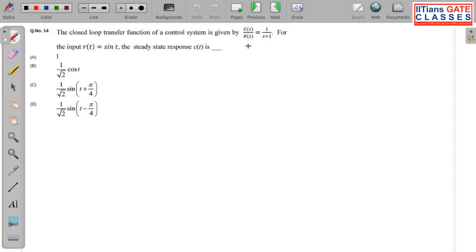Okay, so always remember this thing: a transfer function is always written for which type of system? Non-linear, linear, time variant, time invariant? It is always written for an LTI system. If we have an LTI system, consider this as my LTI system, and it has a sinusoidal input A sin omega t.